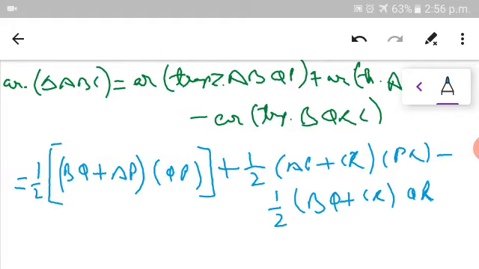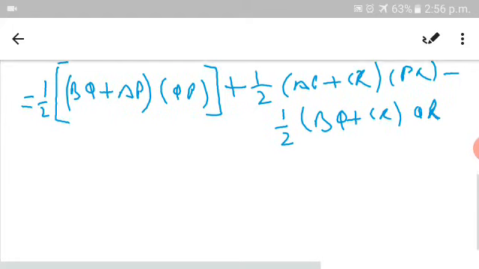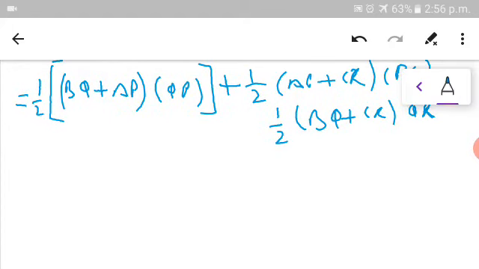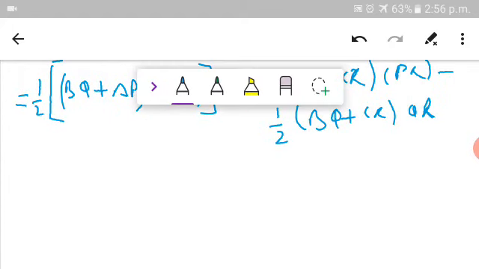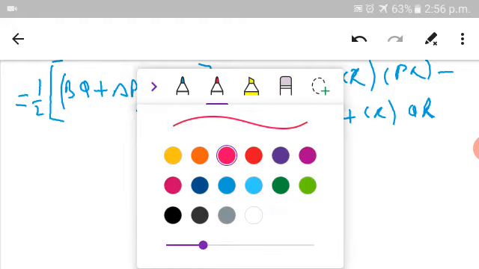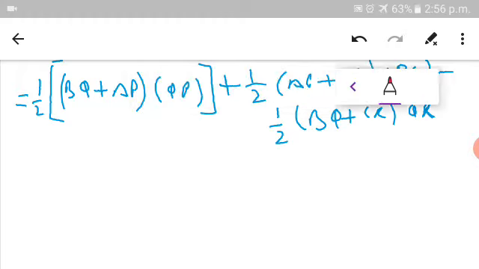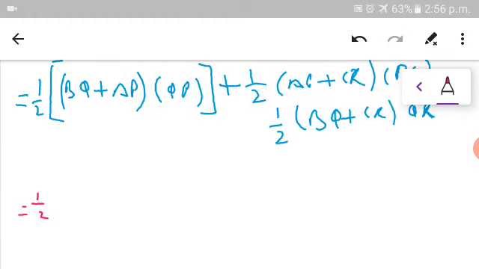Because we are having the coordinates of the vertices of the triangle, we can find the lengths of these very easily. If you see the figure, you can find easily that 1 by 2 BQ. What is BQ?